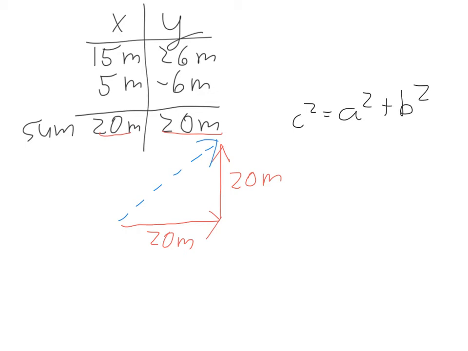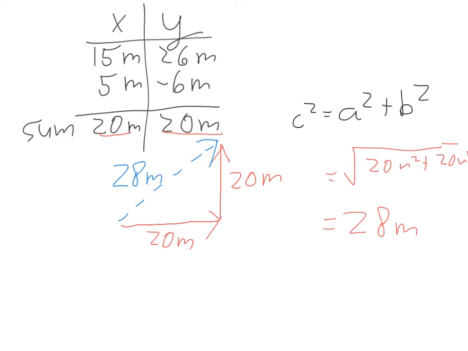So my resultant is going to be the square root of 20 meters squared plus another 20 meters squared, which comes out to about 28 meters. So I now have a magnitude for this vector right here.